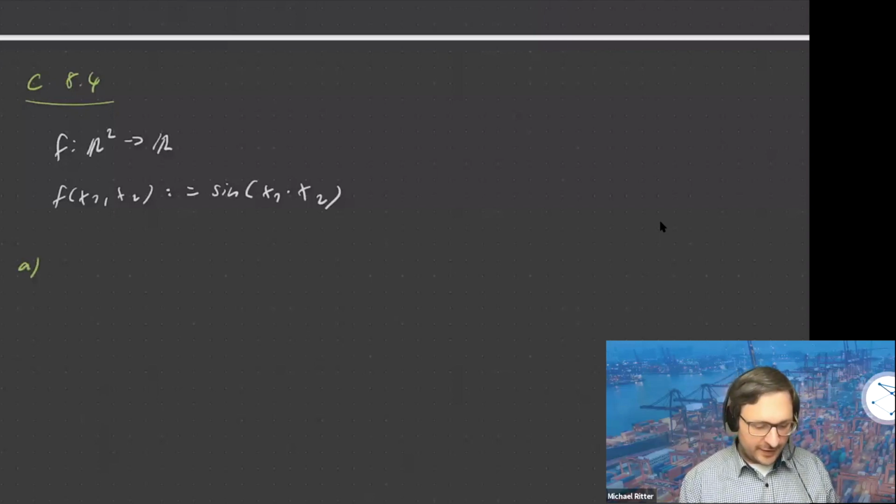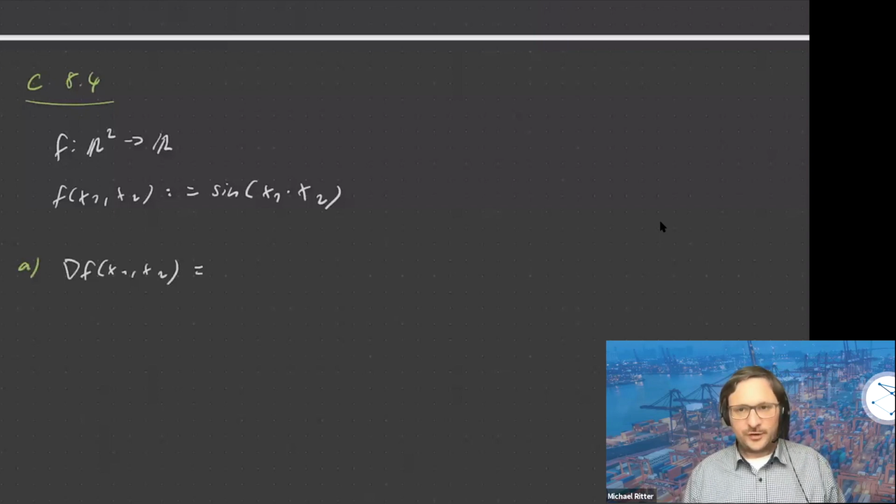Okay, so for the gradient of f of x1 and x2, we need to differentiate with respect to x1 first. The derivative of the sine function is the cosine function. So the derivative of that outer function is cosine x1, x2. And then we need to apply chain rule. We need to multiply this by the derivative of the inner function, which is x1 times x2.